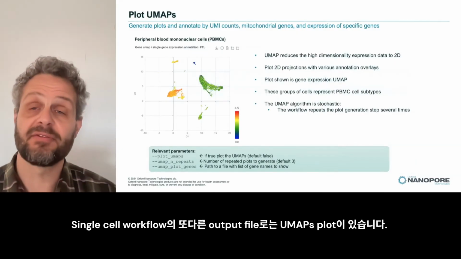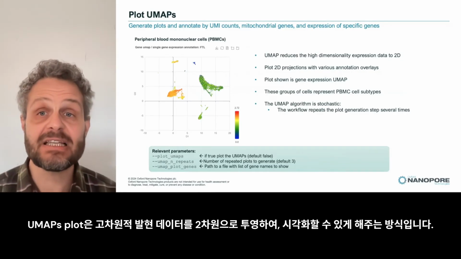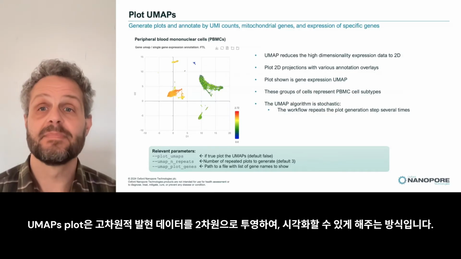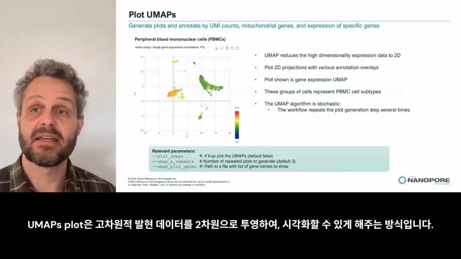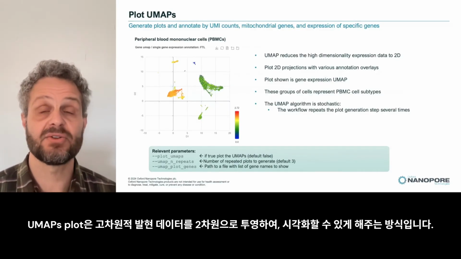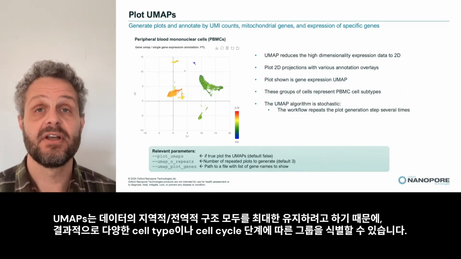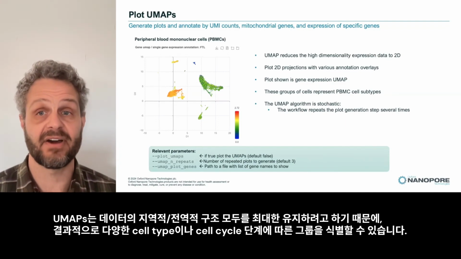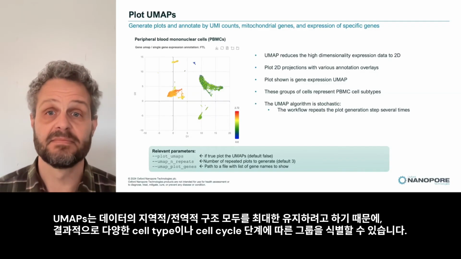So another output of the workflow are UMAP plots. UMAP takes the high dimensional expression data in the processed expression matrices and projects this data into 2 dimensions so it can be visualized. It attempts to preserve the local and global structure so that groups of cells can be identified, such as different cell types or cells that are in different stages of the cell cycle, for example.